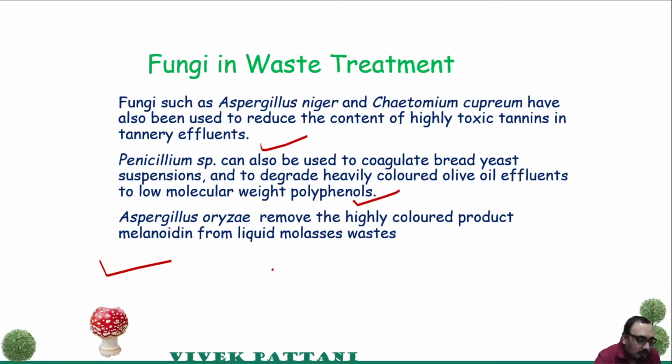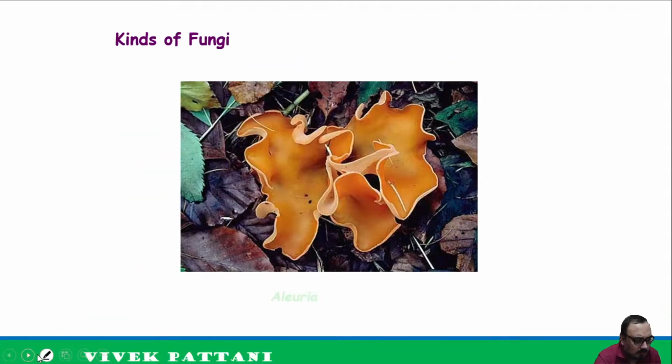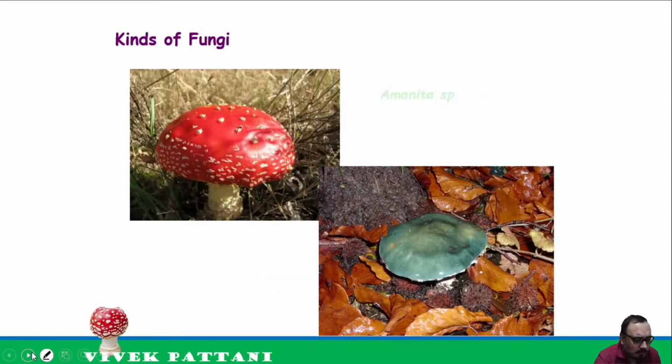Aspergillus oryzae removes the colored product melanoidin from liquid molasses wastes. So there are various uses of fungi and various kinds of fungi, just photographs for your information.